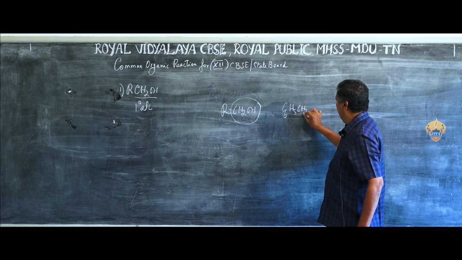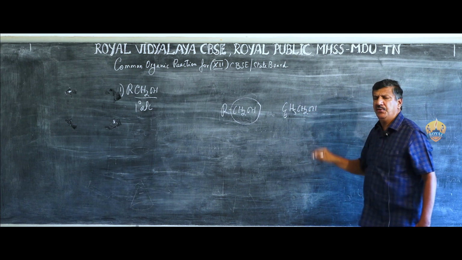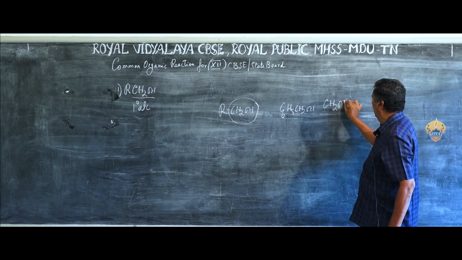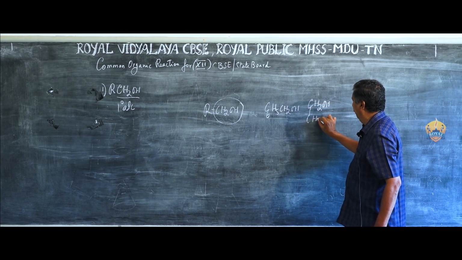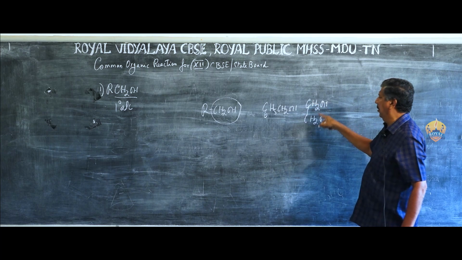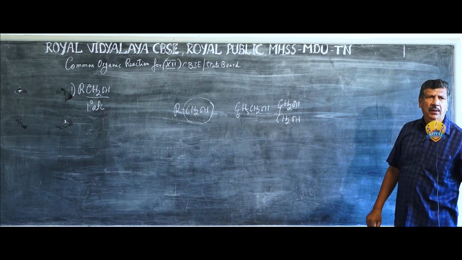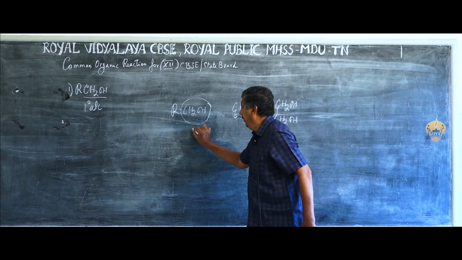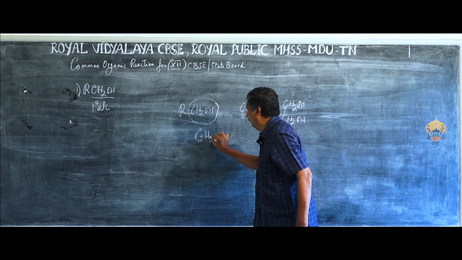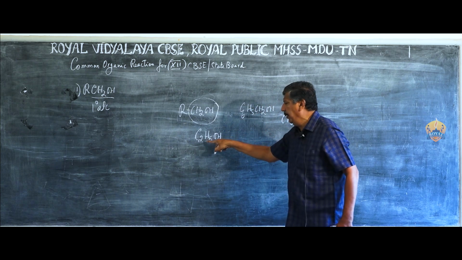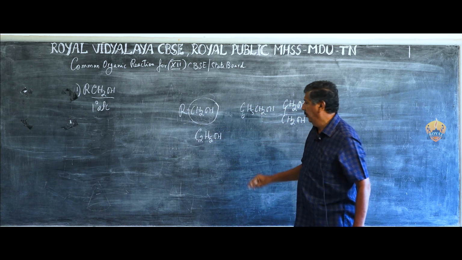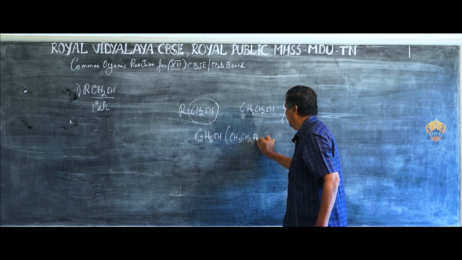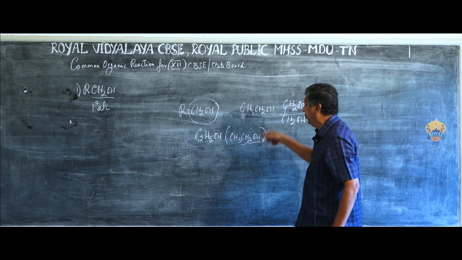This is primary alcohol because of CH2OH. This is a compound containing 2 primary alcohol, glycol. In glycol, we are having 2 primary alcohol. When you write ethyl alcohol, it is also a primary alcohol, but you have to visualize like this. If you visualize like this, you can understand it is a primary alcohol.